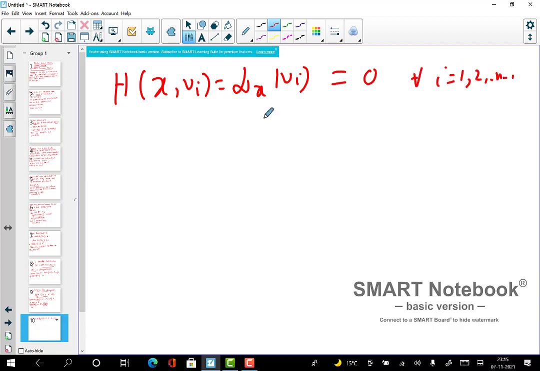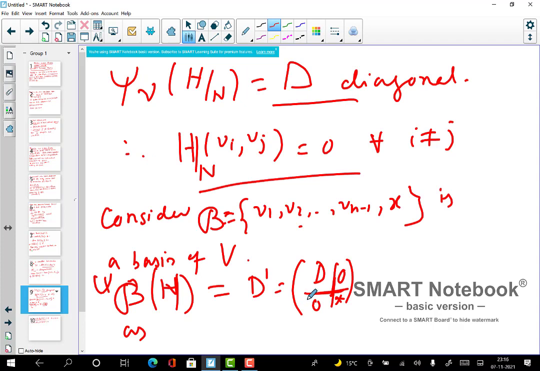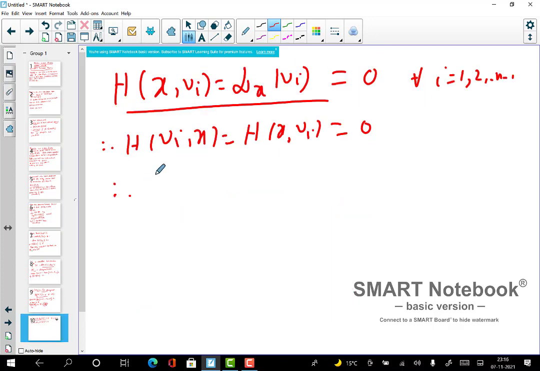And because h is symmetric, h of vi, x equals h of x, vi, so they are 0 too. These are the elements of this portion and this portion. So these are all 0, and thus the matrix of h is a diagonal matrix.